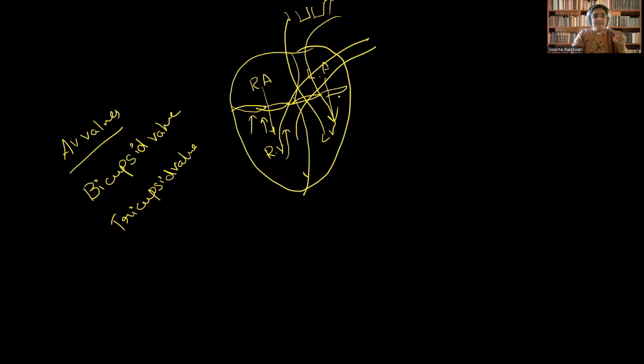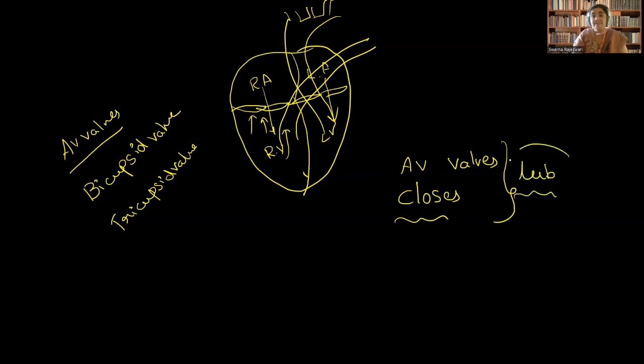That is, the bicuspid and tricuspid valves, which we call auriculoventricular valves, close to prevent the backflow of blood into the atria, which is heard as a sound called lub. That is the first heart sound, which we call lub.